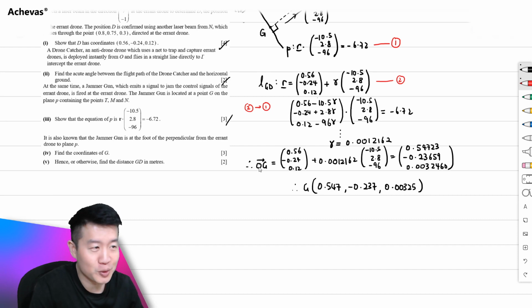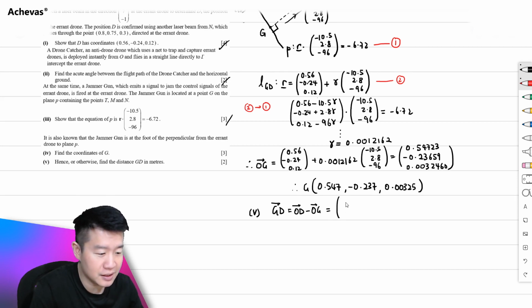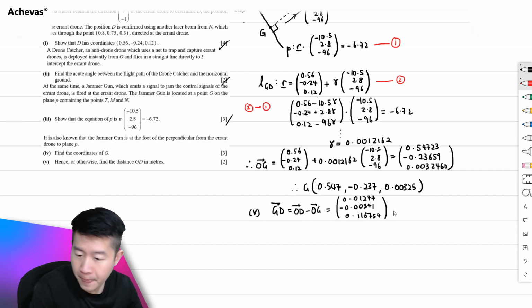Part 5, super easy. It is just going to be the modulus of GD. So for GD, it is going to be taking OD, which we have, minus OG, which we just found, and this is (0.01277, -0.00341, 0.116754).